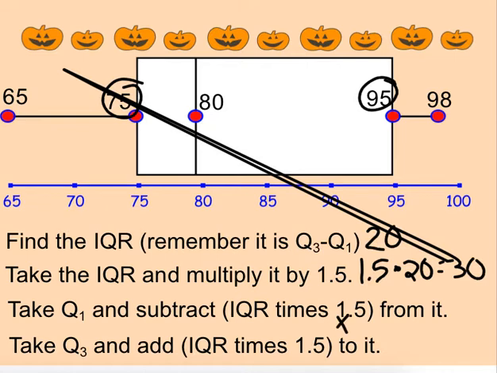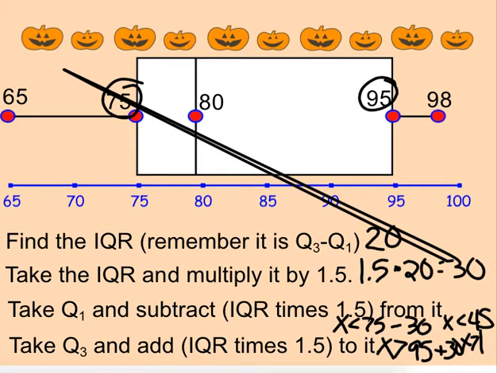So we do x needs to be less than quartile 1, which is 75, minus 30. So x has to be less than 45. Or x needs to be greater than 95 plus 30. Quartile 3 plus 1.5 times interquartile range. So x needs to be greater than 125. Since we see that 98 and 65 are my extremes, I don't have any outliers in this data.